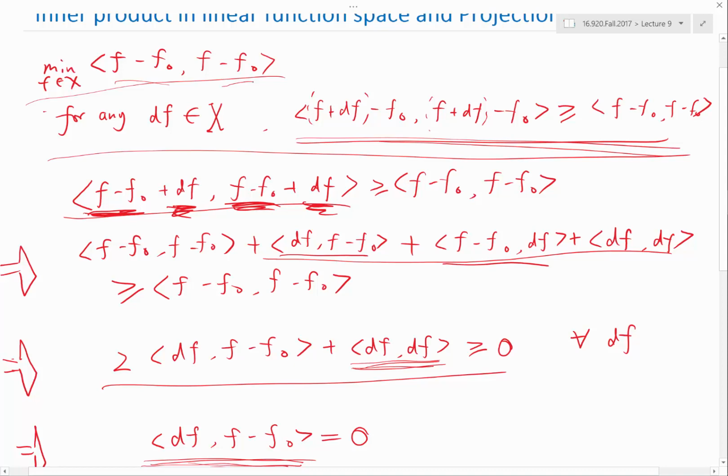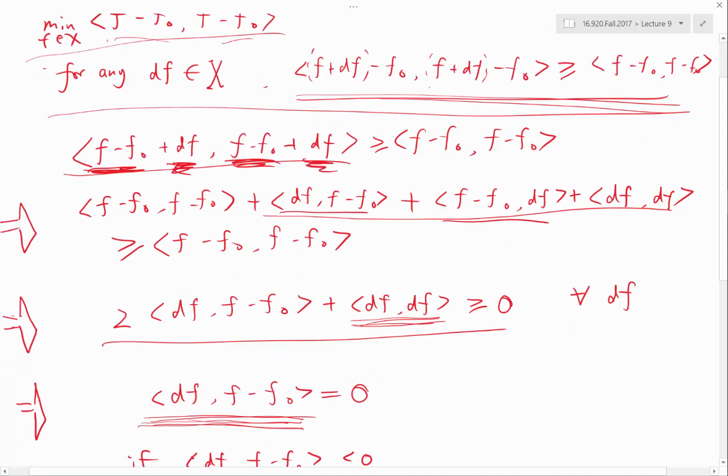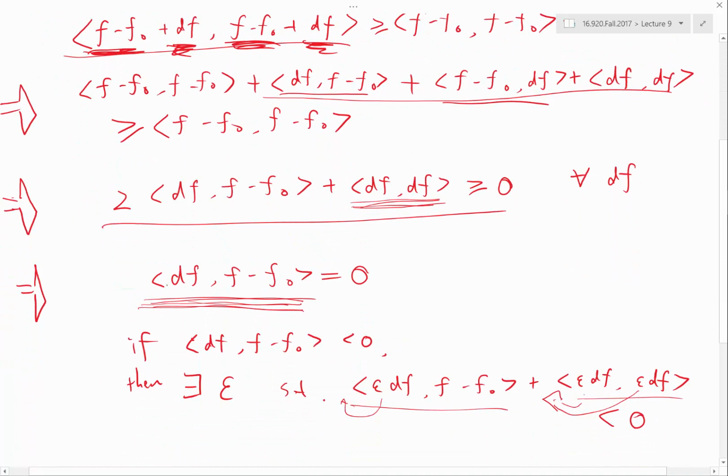So we have proven that for f to minimize this distance, the inner product between any df and f minus f0 has to be 0.